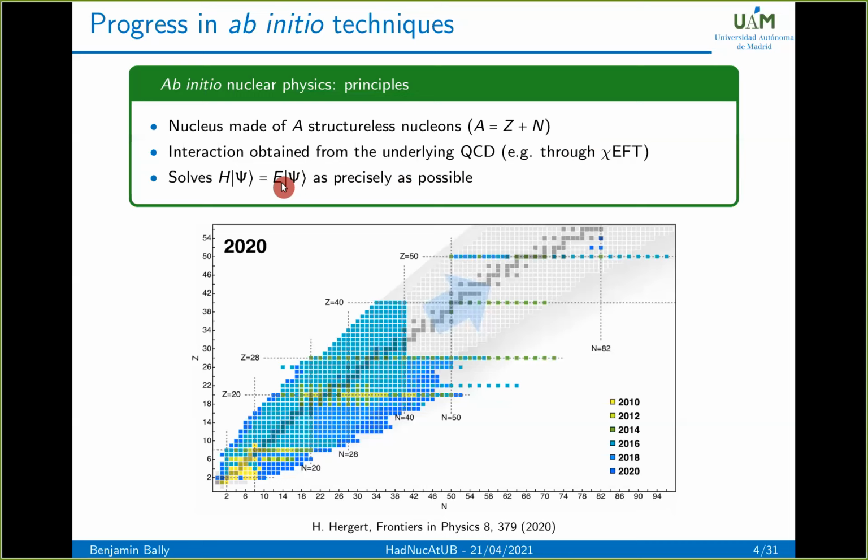And then when you have this, you can try to solve as exactly as possible the Schrödinger equation, usually using methods that can be improved towards the exact solution in a systematic manner.